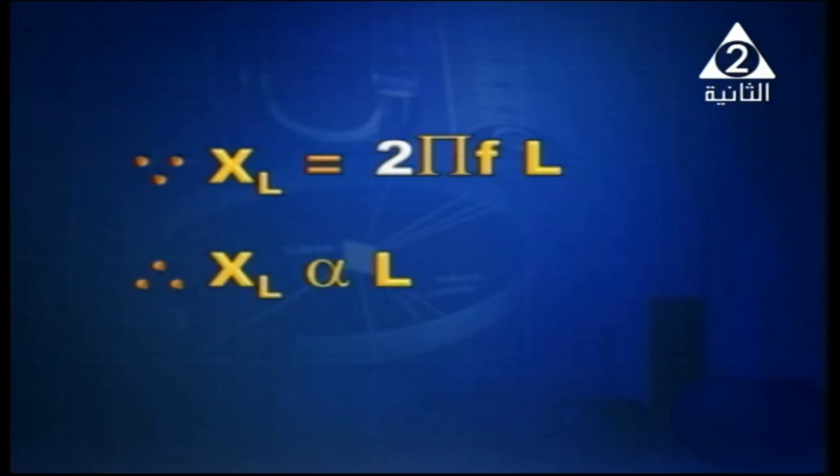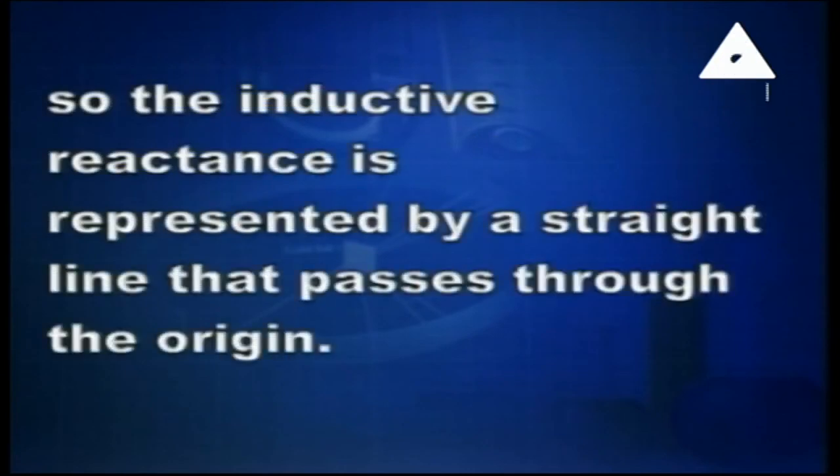So XL is directly proportional to the frequency and directly proportional to the inductance. So the inductive reactance is represented by a straight line that passes through the origin, if we want to plot the relation between reactance and frequency.